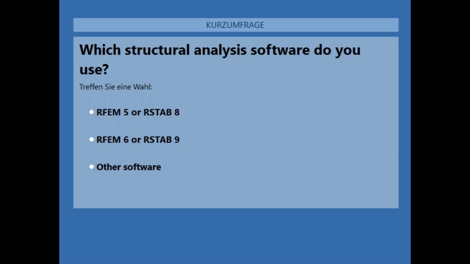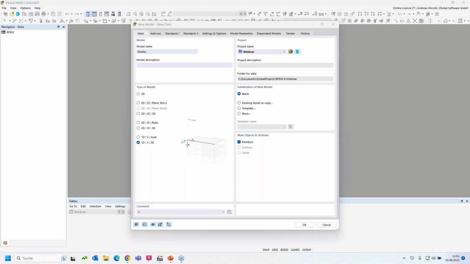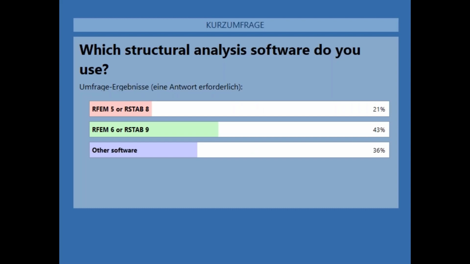I wait a short moment. It's anonymous and nobody will see your answer from the other attendees. Just click on the right answer that's valid for you. I still wait 3 seconds and then I will close the poll. Okay, I close the poll and show the results.